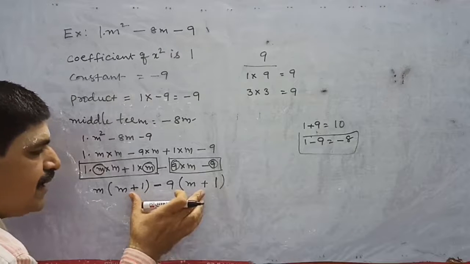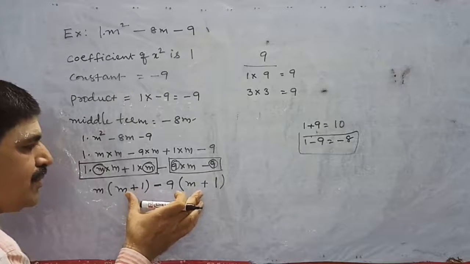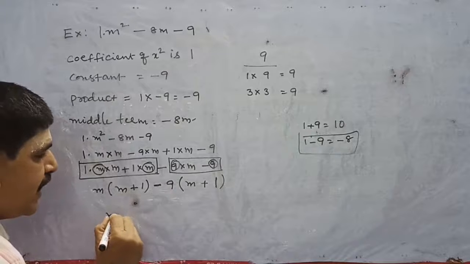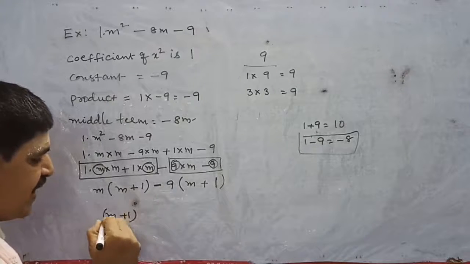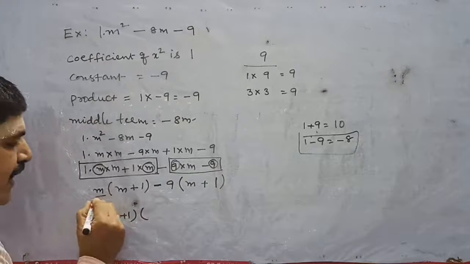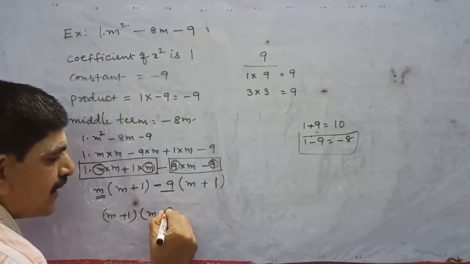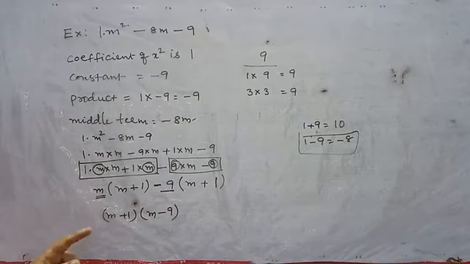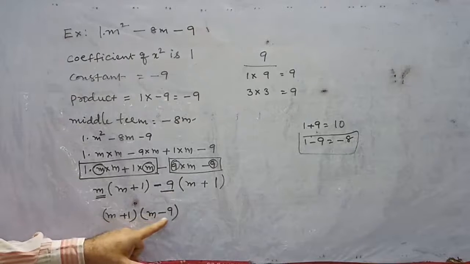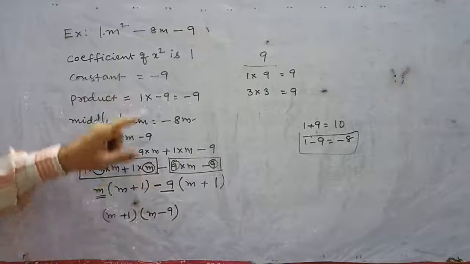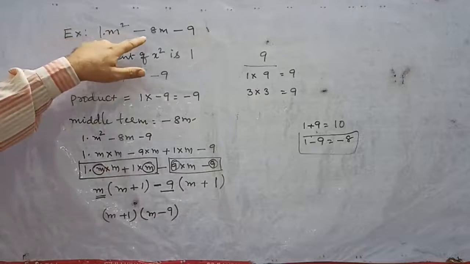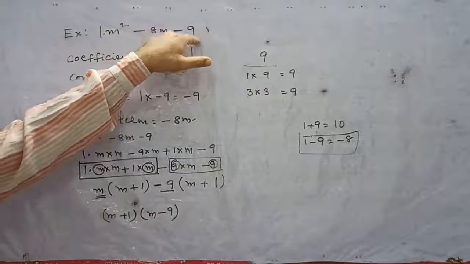So these are the two common factors. From these two, you take out m plus 1 as the common factor, first factor. Second factor, here m, next here minus 9. So m plus 1 and m minus 9 are the factors of m square minus 8m minus 9. Thank you.